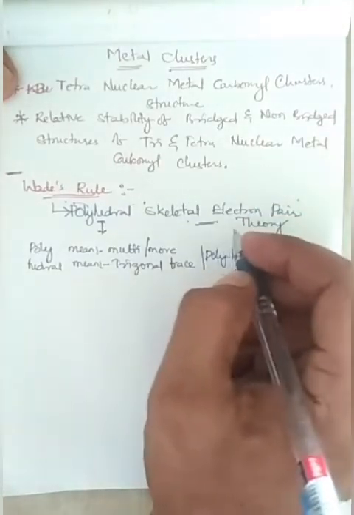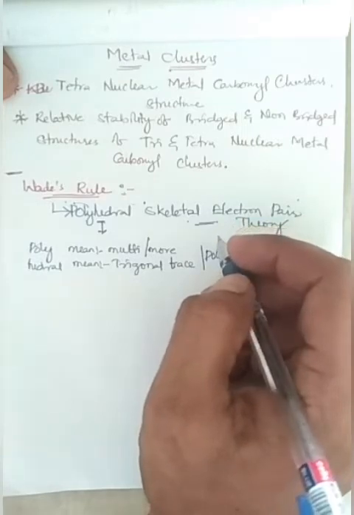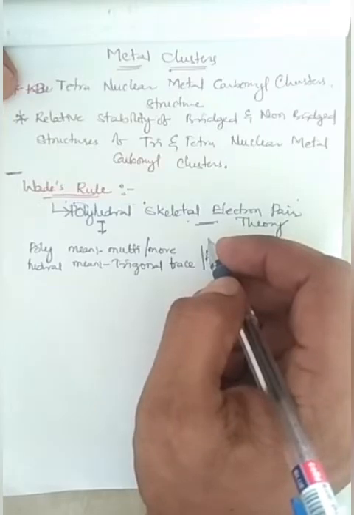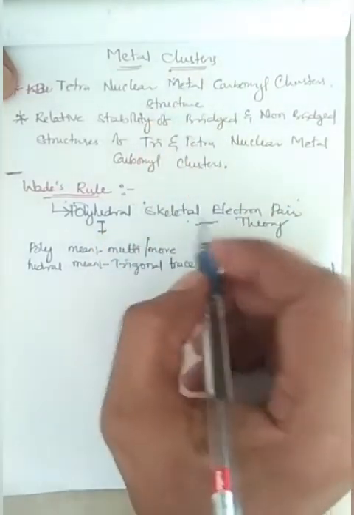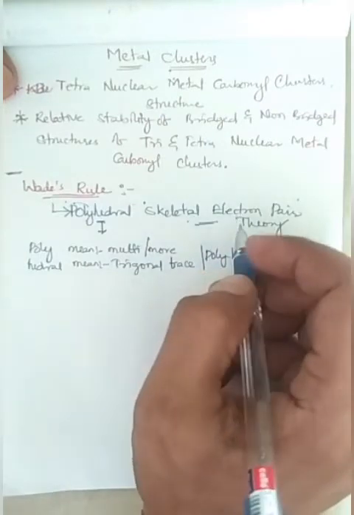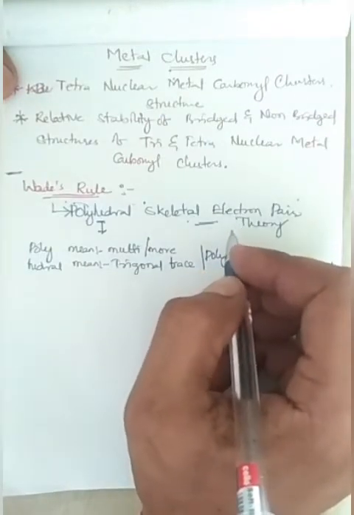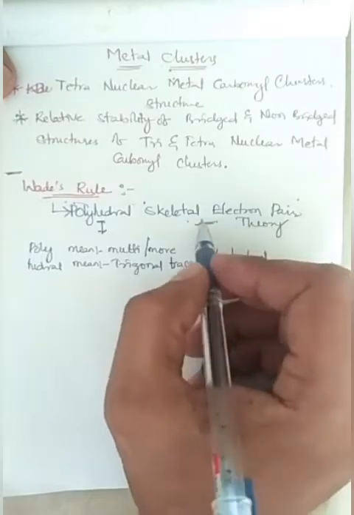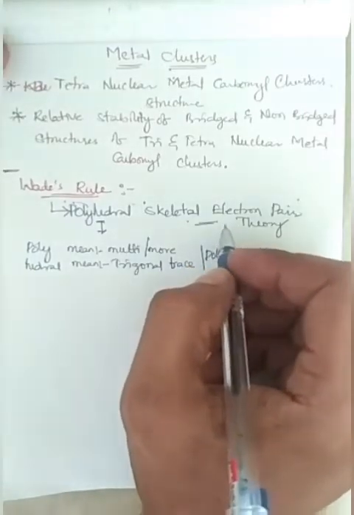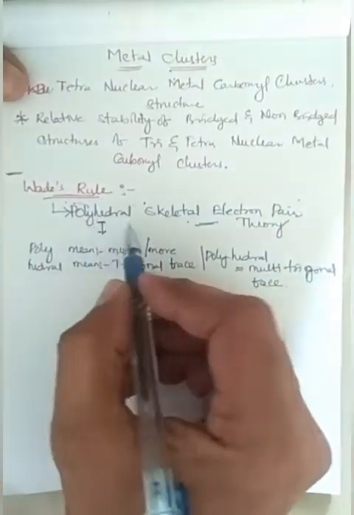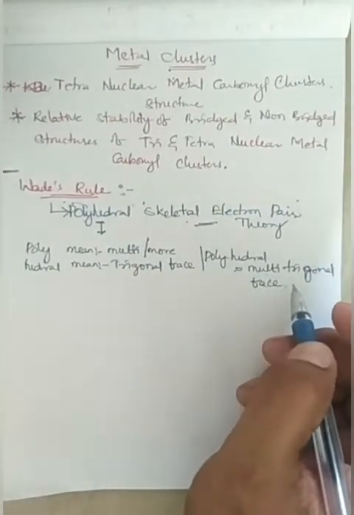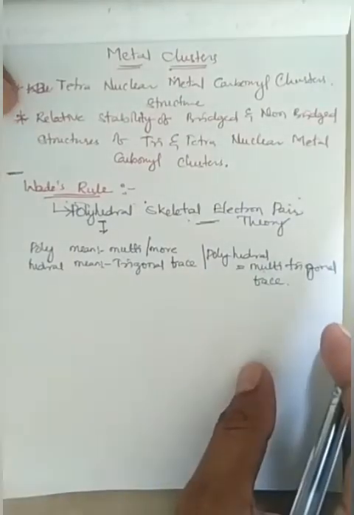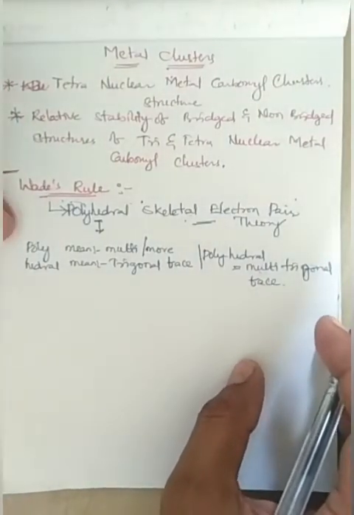Substantial means the importance of metal to metal bonds, and we said that the metal to metal bonds alone define the structures of the metal clusters. So the skeletal electrons will be counted from the metal to metal bonds, right? Such metal to metal bond electrons define polyhedral or multi-trigonal face structures in the high nuclear metal carbonyl clusters, right?